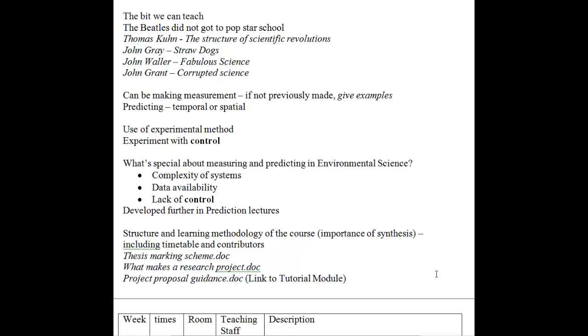Also, the amount of data that's available on these systems is limited because of difficulties in access and making environmental measurements, and we can't do experiments. Very rarely can we do experiments on environmental systems. You can probably figure out why that is, but we'll cover that in a little more detail in the prediction section.